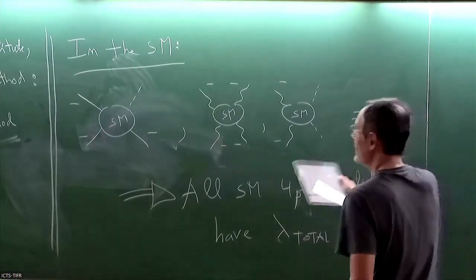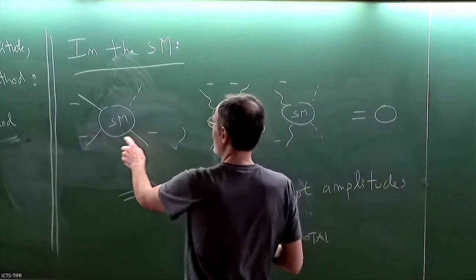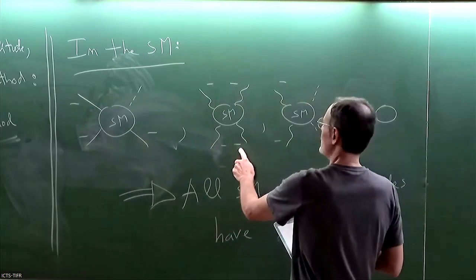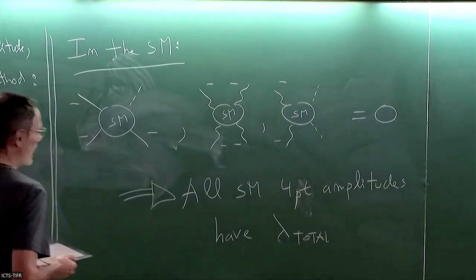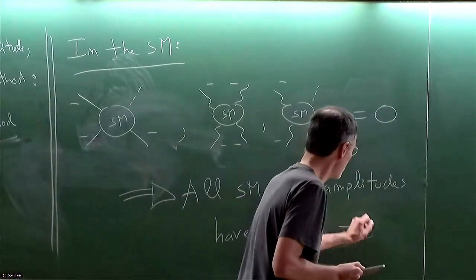When you sum the helicity of the particles, for example, here minus a half, minus a half, minus a half, minus 1, minus 1, minus 1, minus 1, I sum the helicity of all the particles involved, and the total is 0.